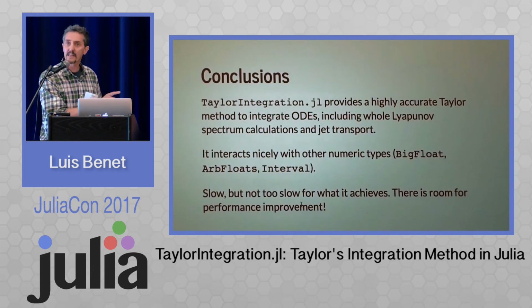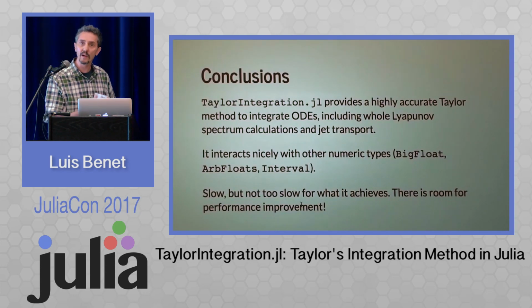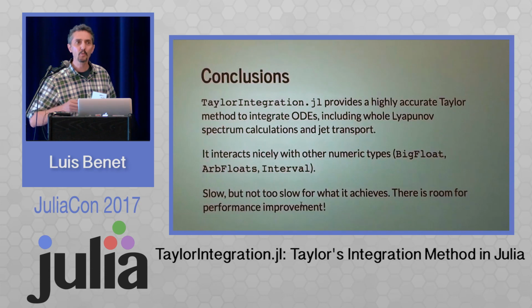It interacts nicely with other number formats like intervals and arbitrary floats. It is slow because we do not care about performance, we care a lot about accuracy. And if you do care about accuracy, maybe you can take a 15-minute coffee break, come back and look at your results.